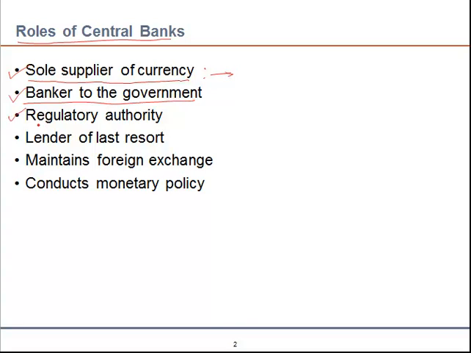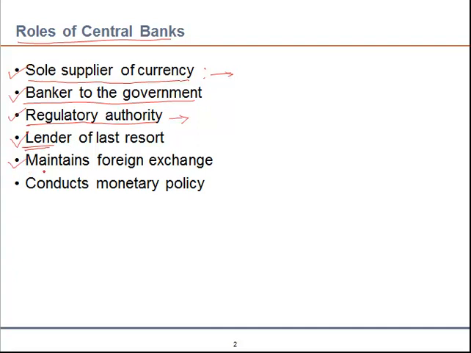It acts as a regulatory authority, and hence it sets the risk and reserve requirements of banks. Then the central bank is a lender of last resort. As the central bank can print the money, whenever there is a crunch of cash, the central bank can provide the lending.